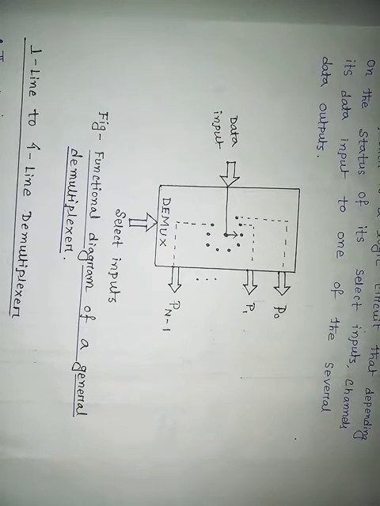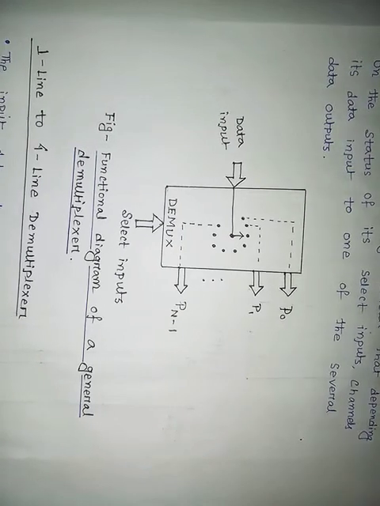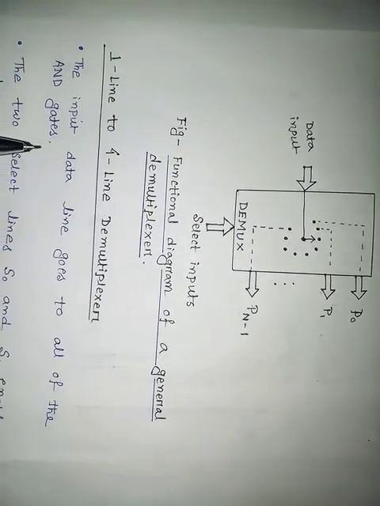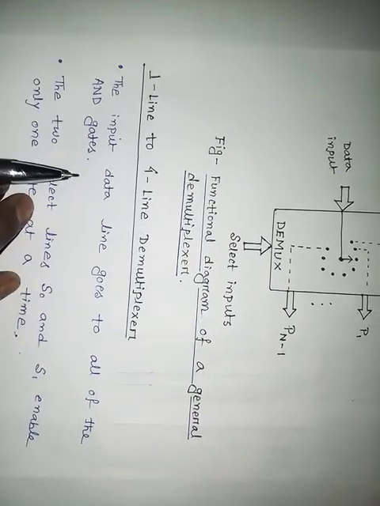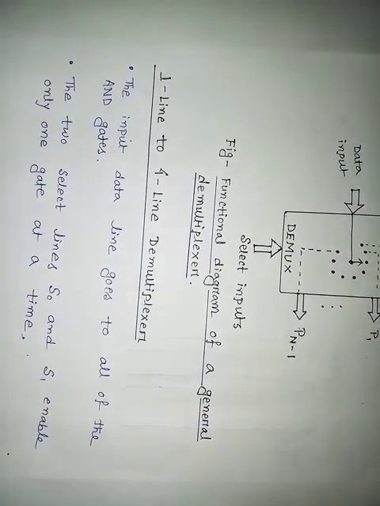Now coming to its application, that is how it will work. In this part we are discussing the one line to four line demultiplexer. It means it will multiply the data input and select input and create an output.